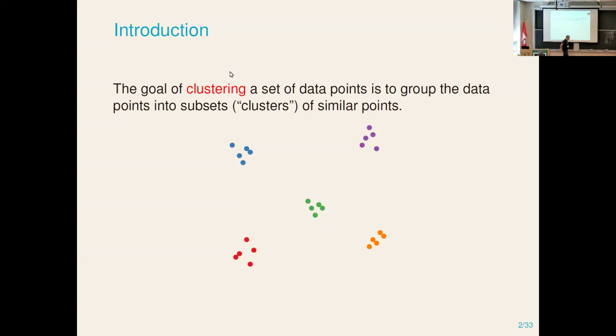I'm pretty sure most of you know that the goal of clustering is just, we're given a set of data points, and we want to group them into clusters of similar points, similar being close in some metric space.